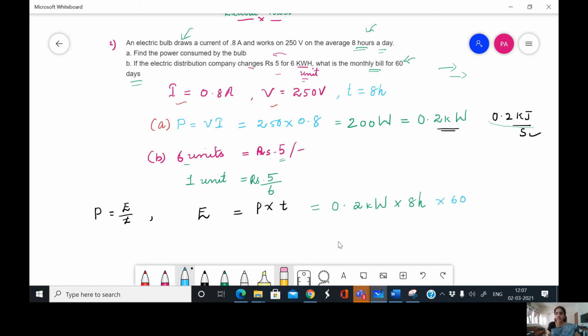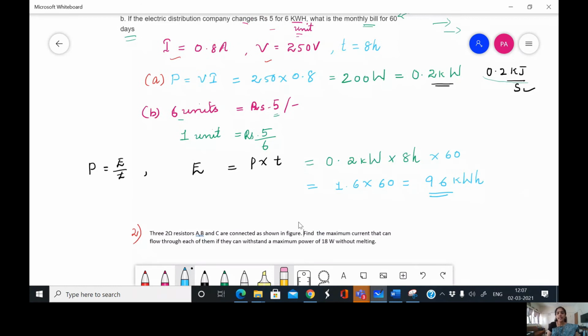So here energy comes, let's multiply. It is 1.6, 1.6 into 60. What is the answer? 96, right? 96, and here what is the unit? Kilowatt hour. So this is the total energy consumed by us.